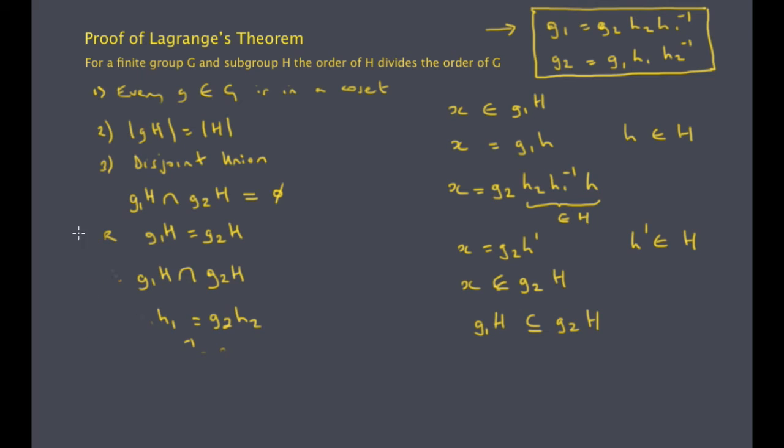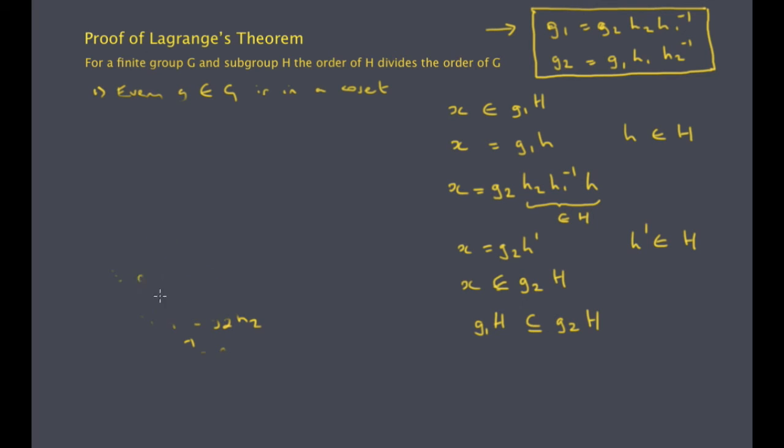Let me make some space. So we'll now consider an element y in the g2 coset.